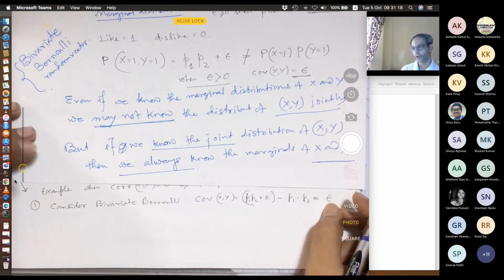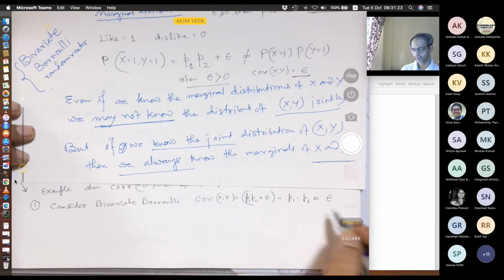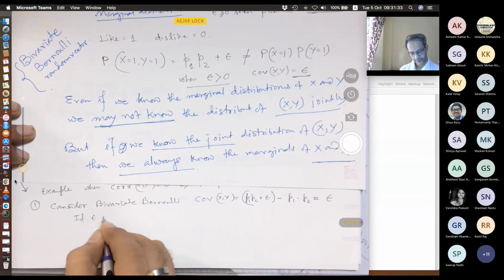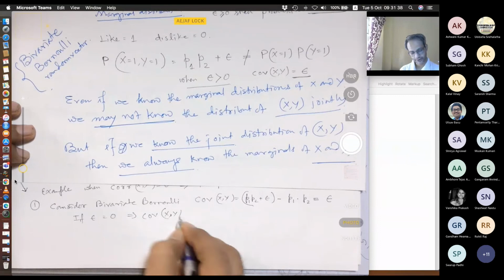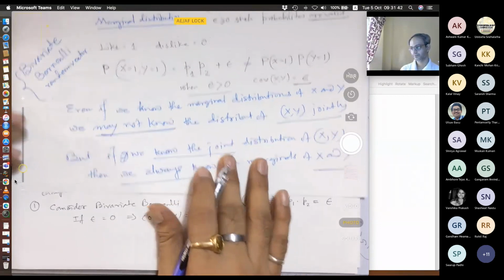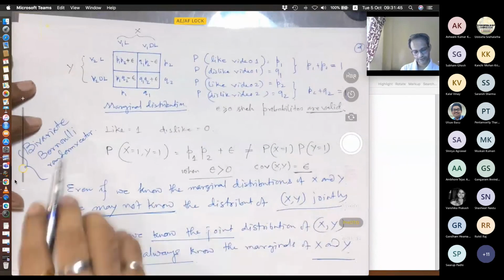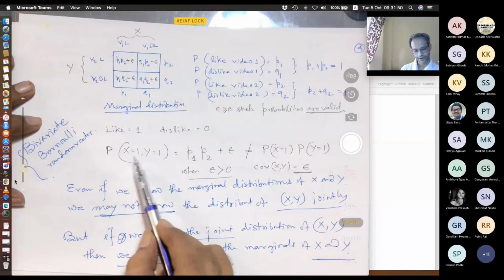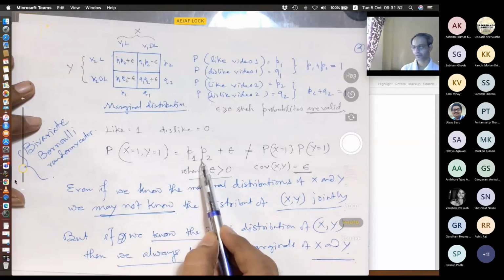Now, covariance is epsilon, so correlation will be that divided by the square root of the variances, no problem. But if epsilon equals 0, covariance of xy equals 0, and that implies what you have already seen: if epsilon equals 0, then probability of x equal to 1, y equal to 1 equals P1 into P2.